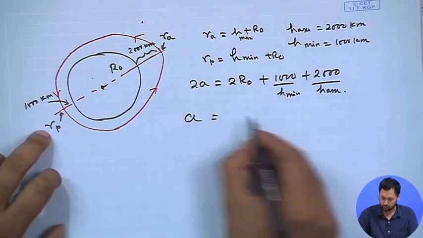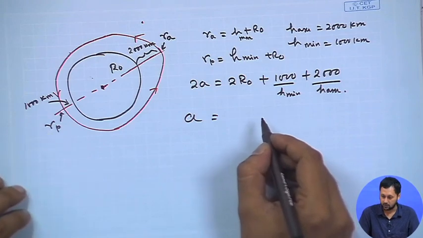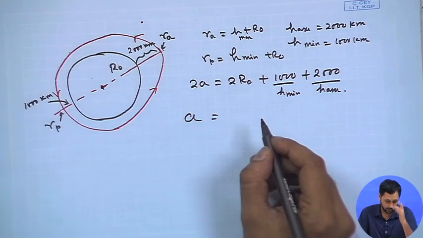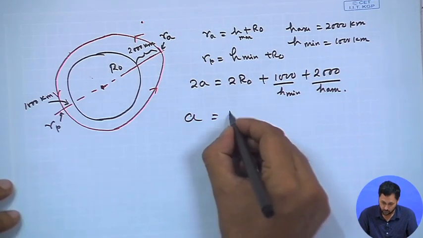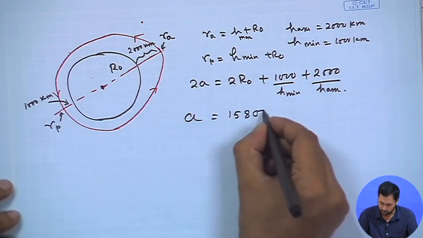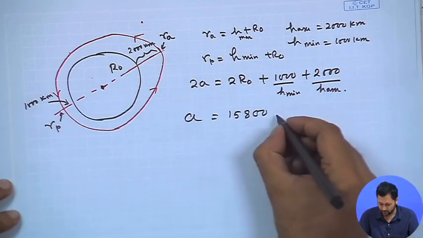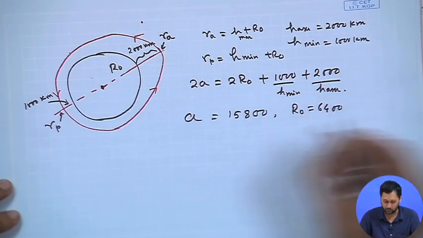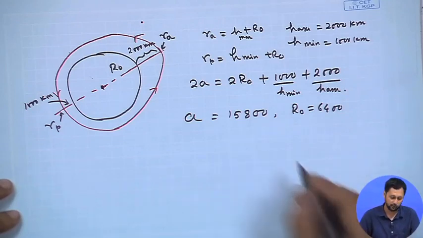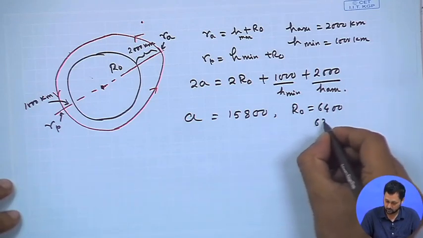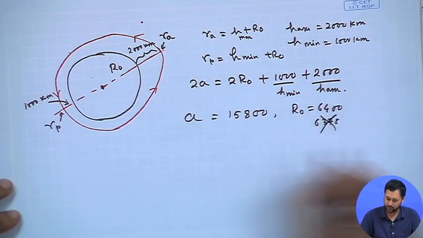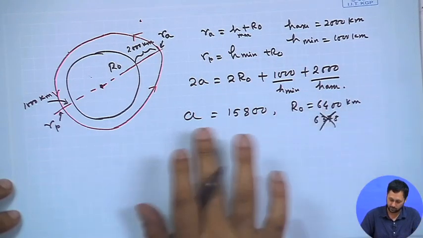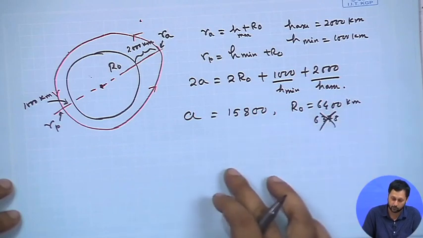So, this gives you an a, which is 9400 kilometers. Let us use r0 equal to 6400 only, not the value of 6378, because throughout we are using 6400 kilometers.